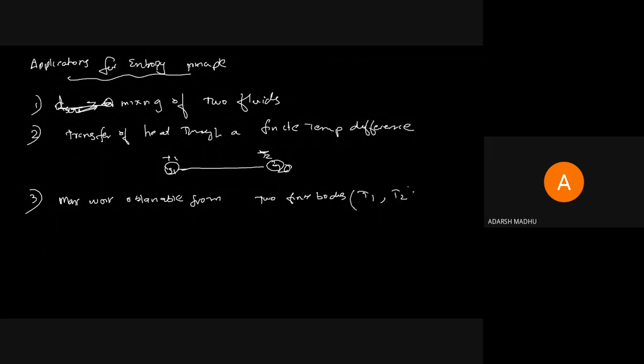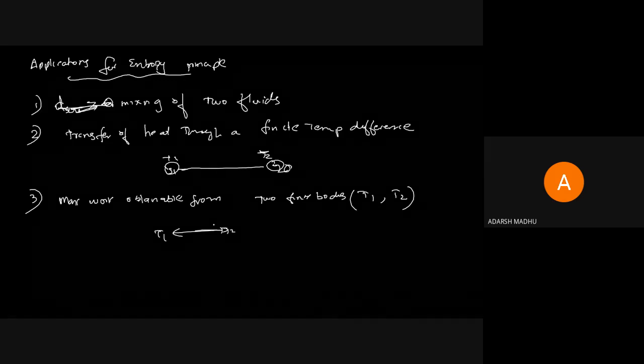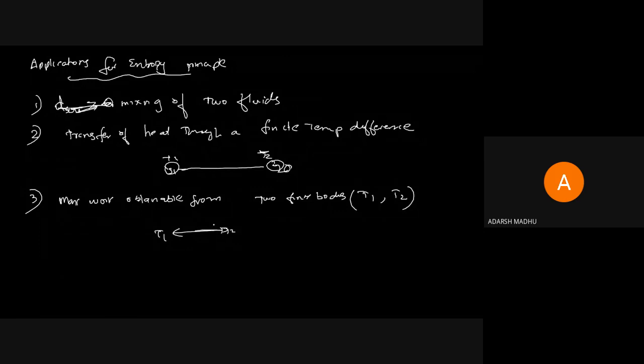The work transfer from body T1 to T2 will never give a negative value for the total entropy for the maximum work done. The entropy value will always be greater than or equal to 0.